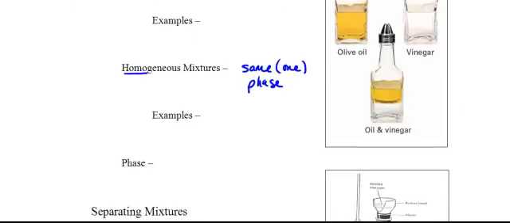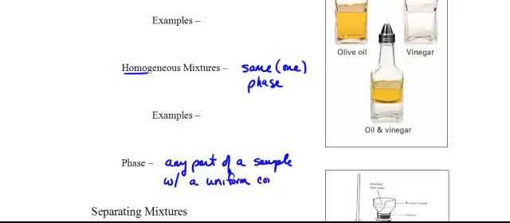A phase is any part of a sample with a uniform composition. The way I describe a phase is it's a distinct area that you can visually detect.